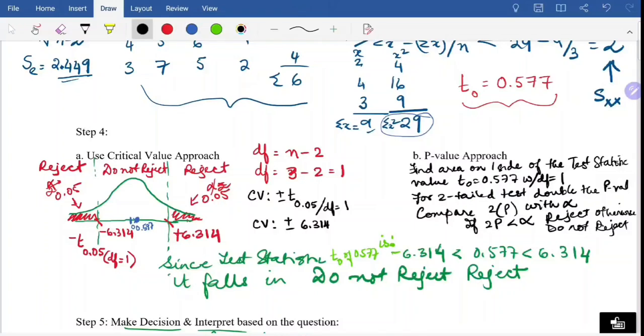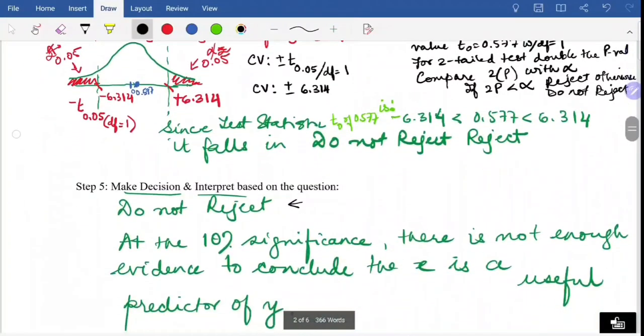If you feel you're not too comfortable, just go with the critical value approach, all right? Because for the critical value approach, you will get the exact critical values from the table, right? So that's how we perform the hypothesis test.